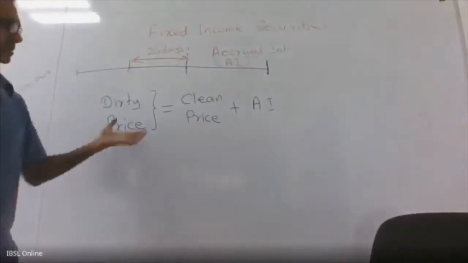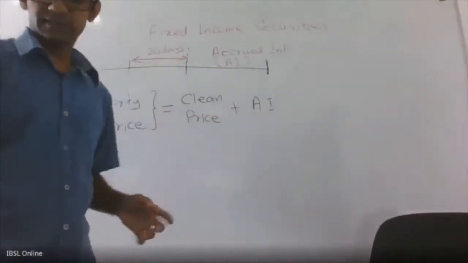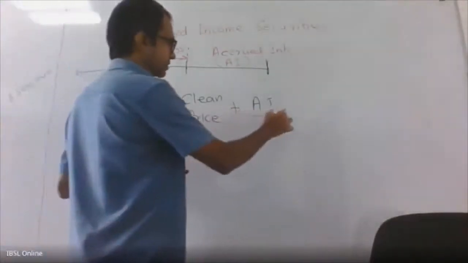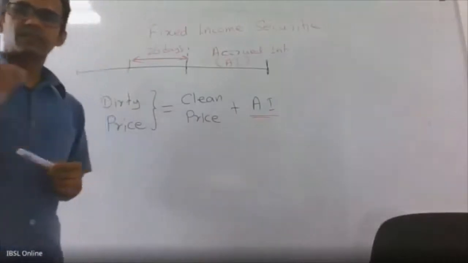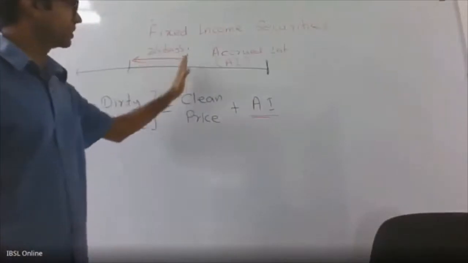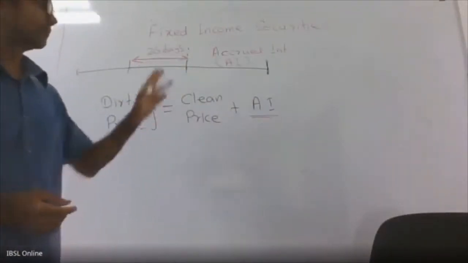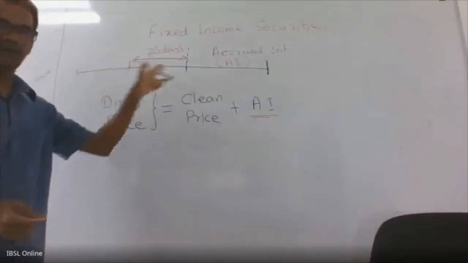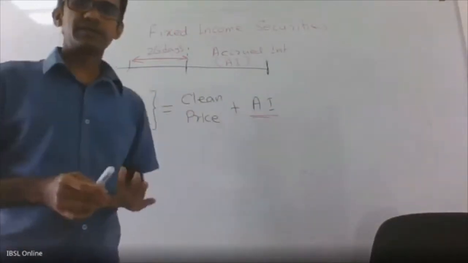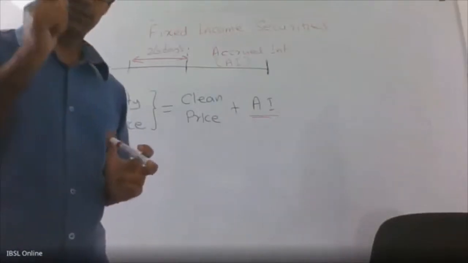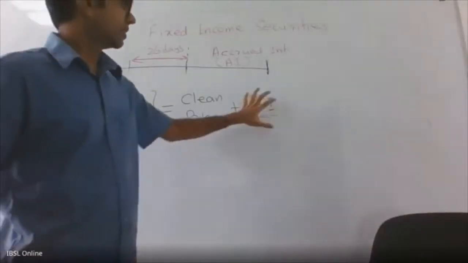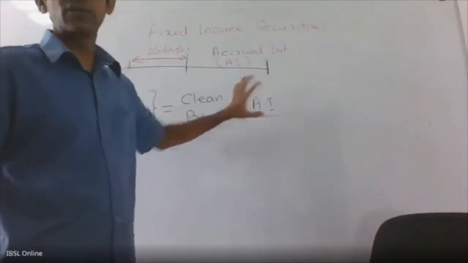Now you may wonder what dirty price and clean price are, but you know what accrued interest is: the interest accrued up to a particular date from the last coupon date. The clean price is the price the buyer pays to the seller excluding this accrued interest part.